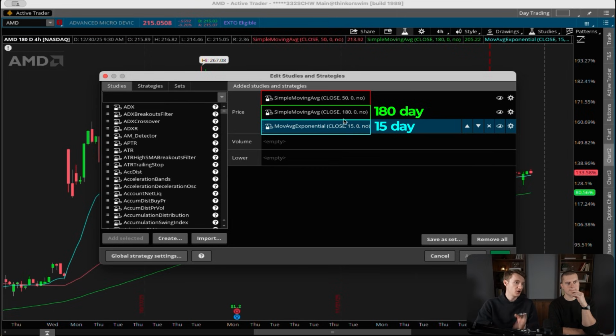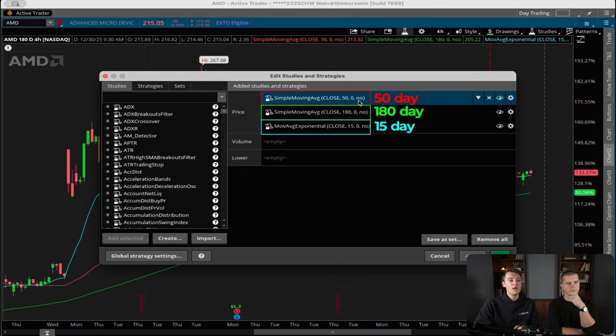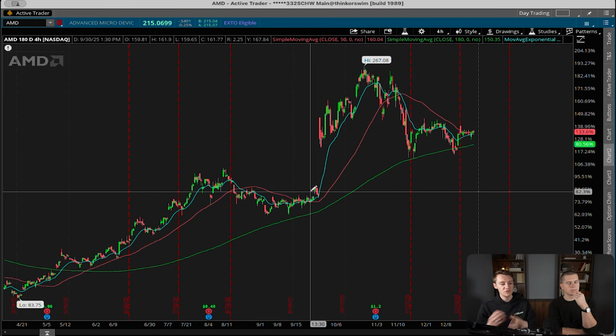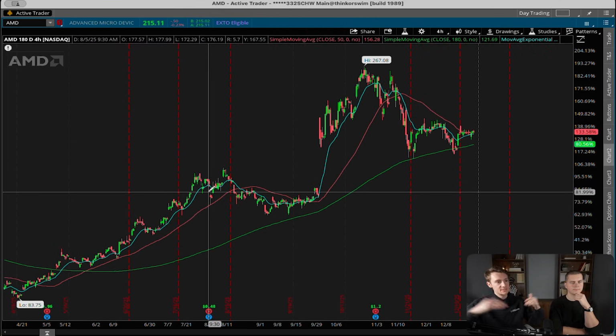Then we've got the 180-day simple moving average, or SMA, and the 50-day SMA. Using these 3 moving averages, the whole idea is that we're visually going to look at different stocks, look at the chart, and try to identify where candlesticks are trading in proportion to where these lines are.